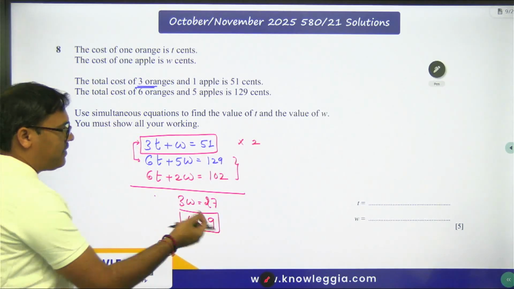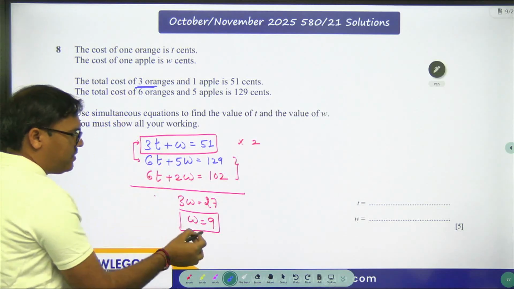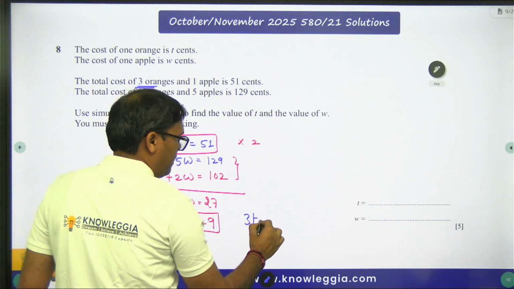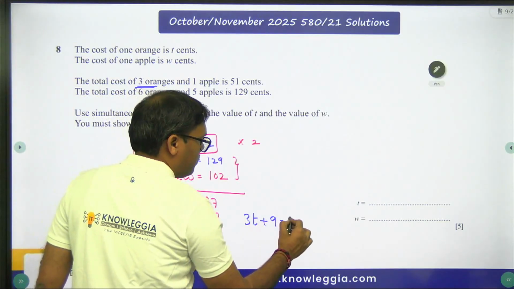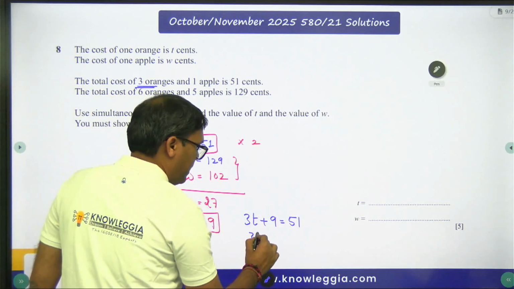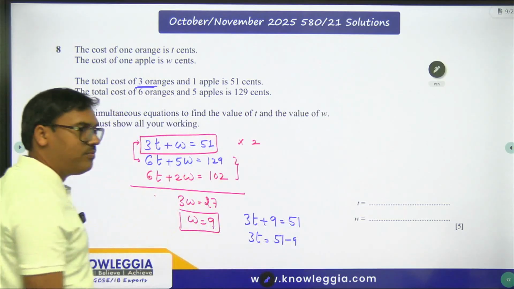Now, how will I get the value of t? You can just put it in any of the equations. If I put 9 here, this will be 3t plus 9 equal to 51. Correct? So now 3t is equal to 51 minus 9, subtracting 9 from both sides.